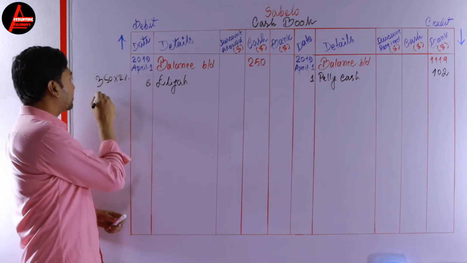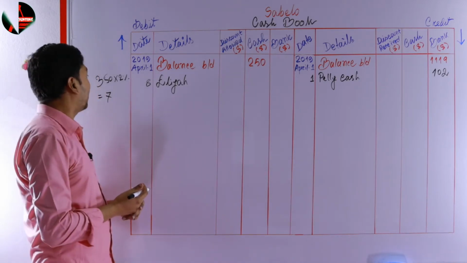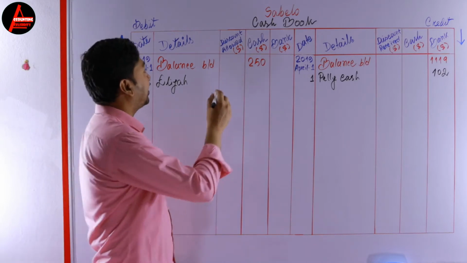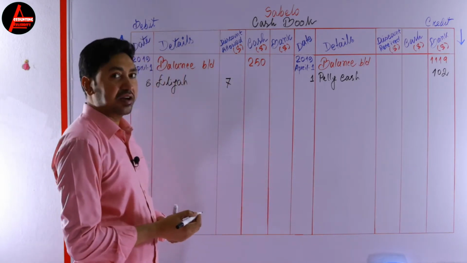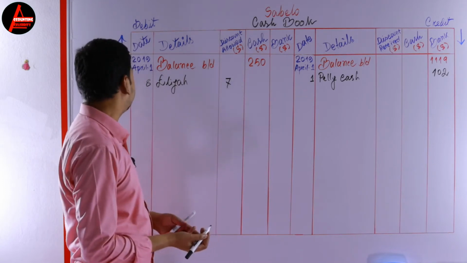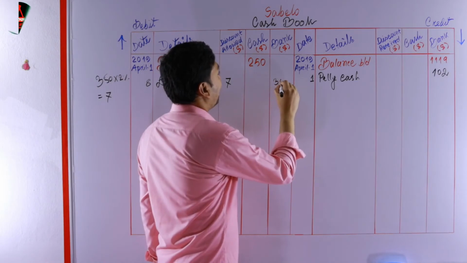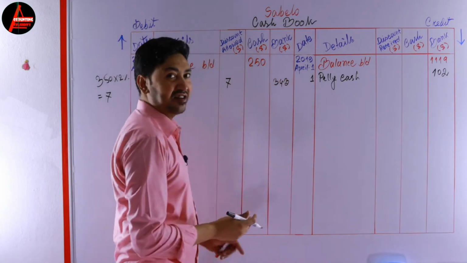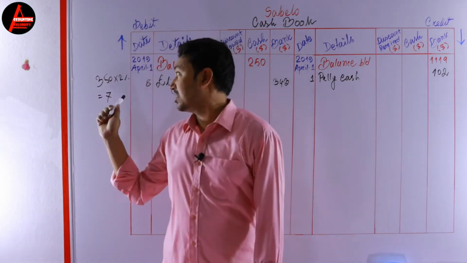How much comes? It is $7. So this $7 will come in the discount column, discount allowed. And the rest of the amount, that means 350 minus 7 equals $343. Very simple to understand this discount calculation.